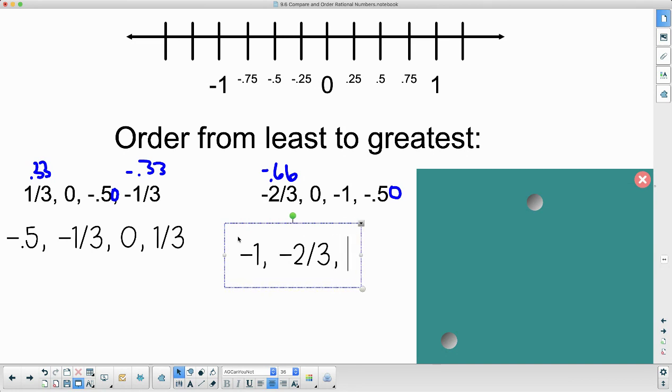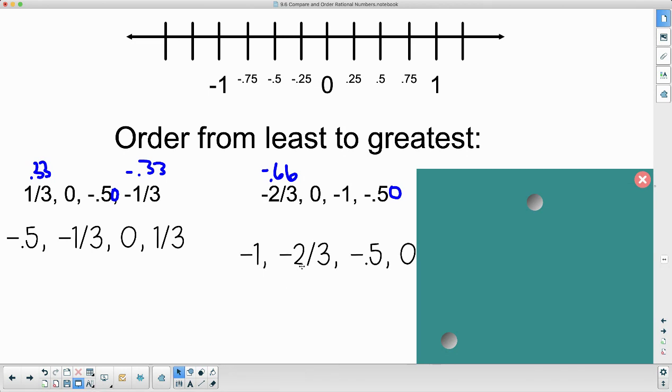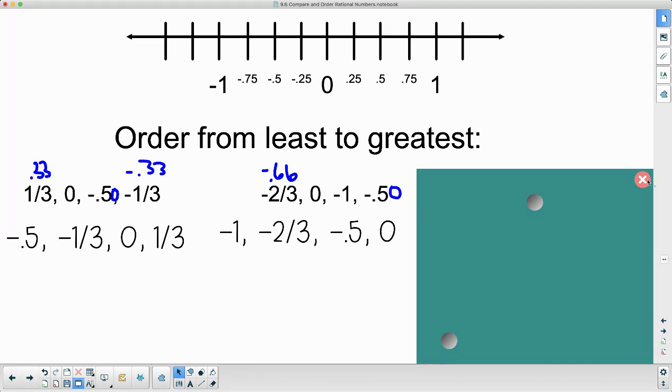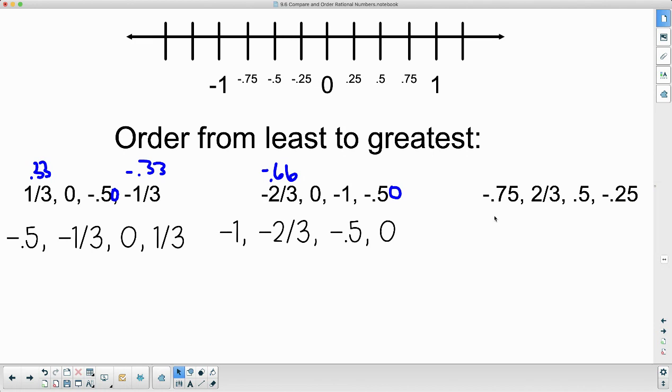Then we'll have negative 0.5, and that one will end with 0. So even though 0 is not a large number, it's the biggest out of those because the rest of them are all negatives.